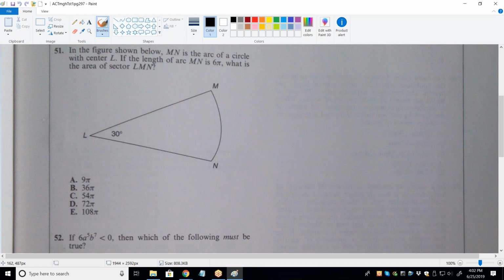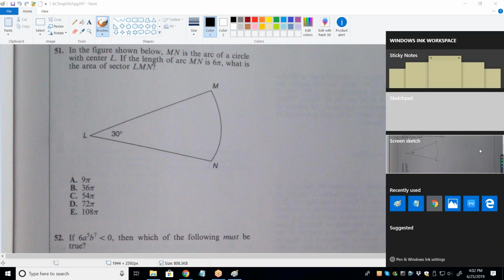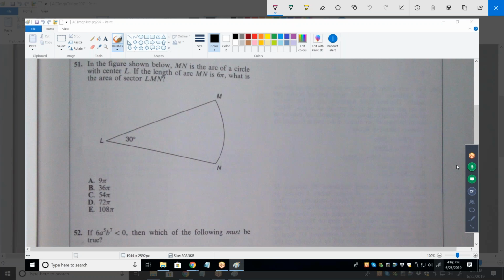All right. And the figure shown is a circle with the center. First thing I'm going to do is label it with all of the available information. Okay.